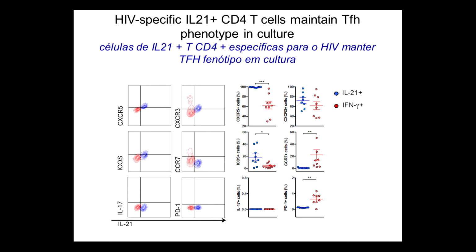So they are 100% CXCR5 positive, but also high for ICOS expression, low for CCR7, and an intermediate expression of CXCR3, suggesting that the peripheral IL-21 secreting cells are T follicular helper cells involved with the B cell responses and are not directly antiviral like the interferon gamma secreting cells.